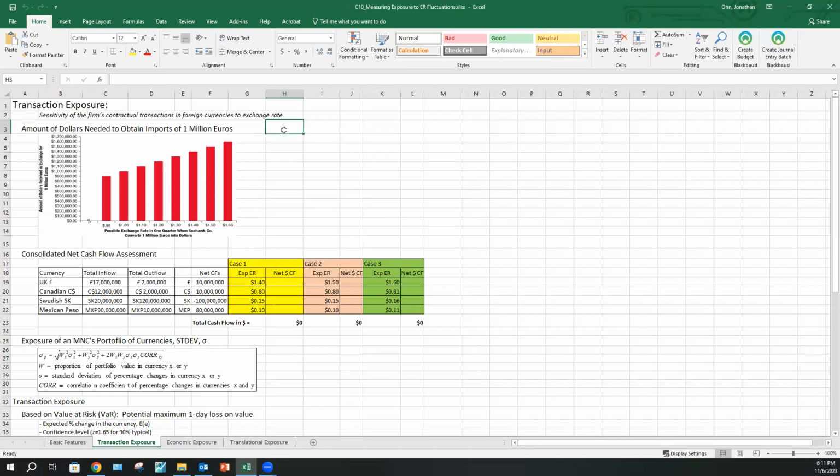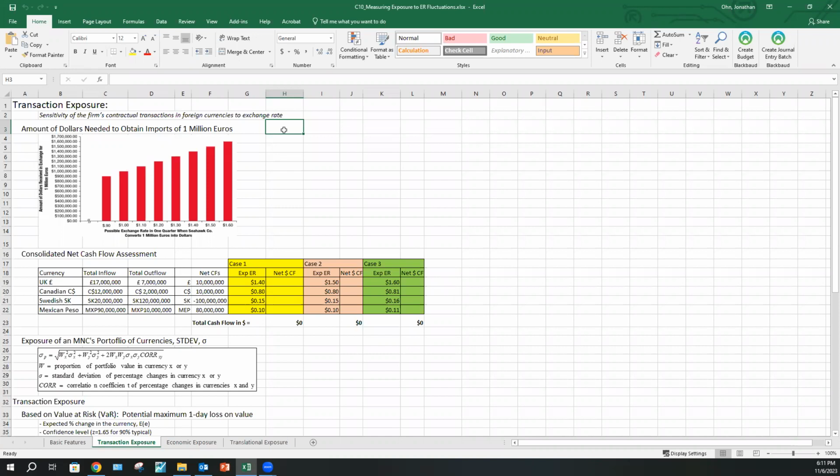The business itself is the same thing, but this 1 million euros will be translated into a different amount of US dollars depending on the exchange rate.